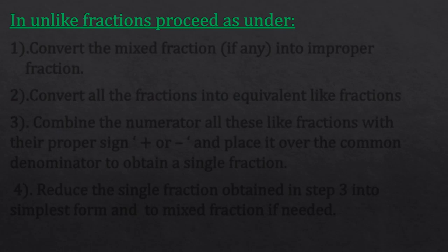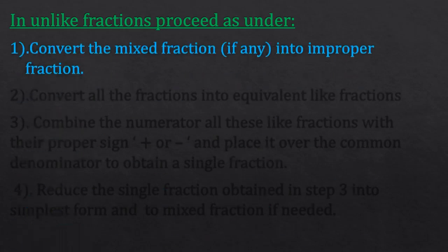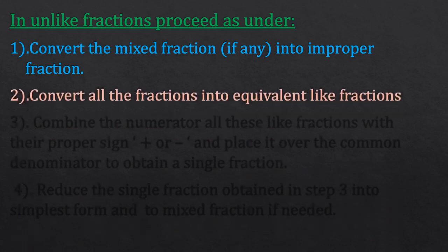Now see the rules. How to add or subtract unlike fractions. First of all, if there is any mixed fraction, convert it into improper fraction. Second, convert all the fractions into equivalent like fractions.